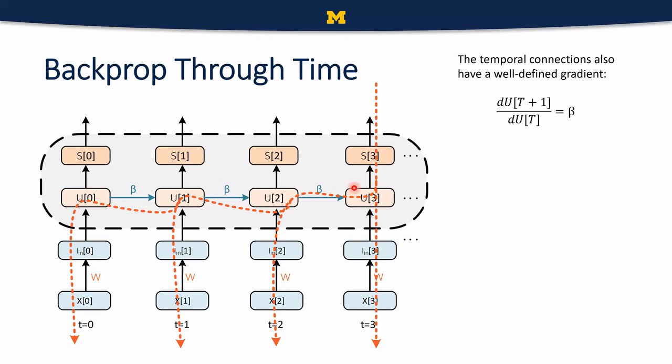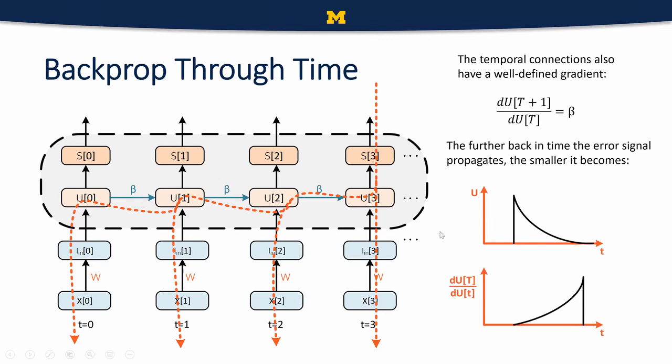The difference between these two is always going to be beta, regardless of what happens. If we jump back further and further in time, you just multiply your betas as many times as you need. And because beta is a value that's less than 1, your gradient becomes weaker and weaker the further back you move in time, right?